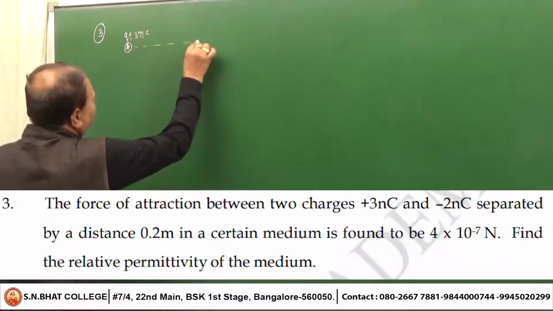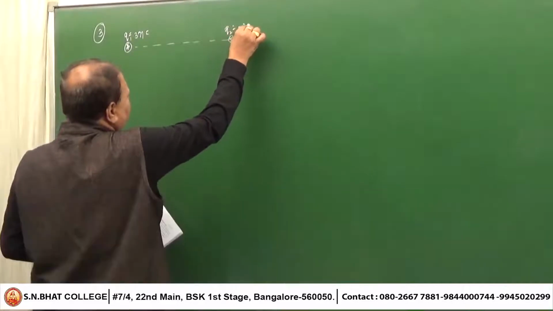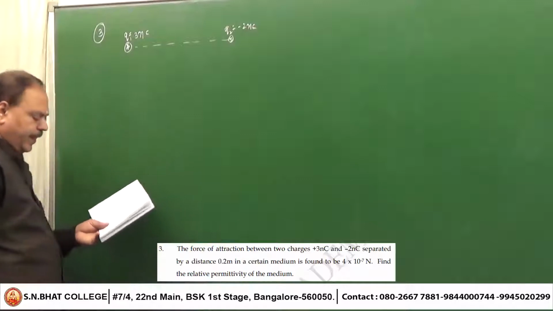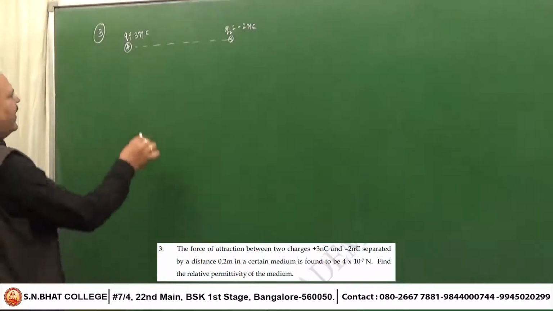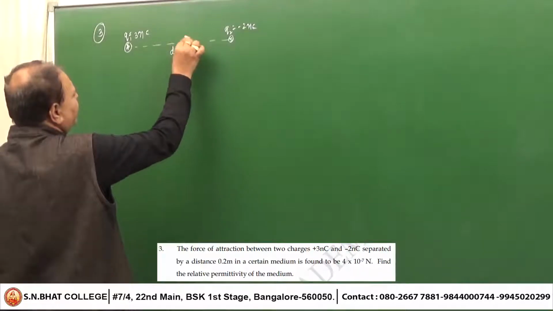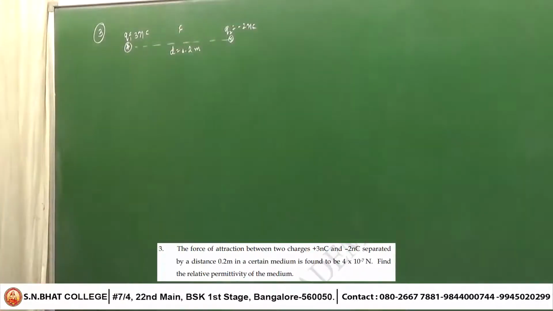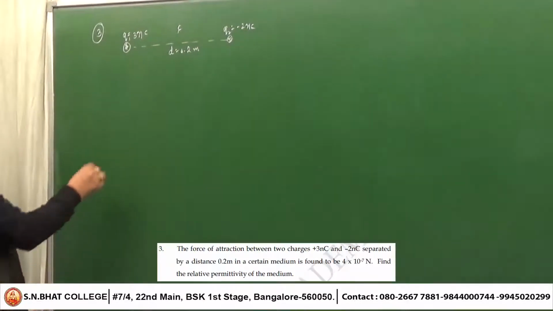And there is another charge, let me call it Q2, which is minus 2 nanocoulomb. These two are separated by a distance of 0.2 meter, and he has given that there is a force of attraction because they are unlike charges. Now his question is, what is the value of relative permittivity?